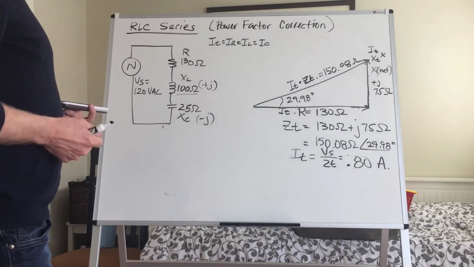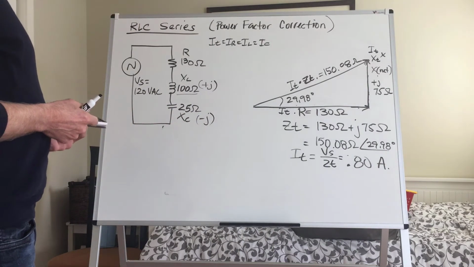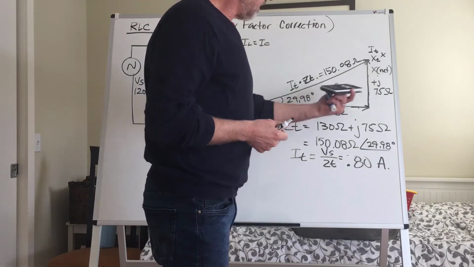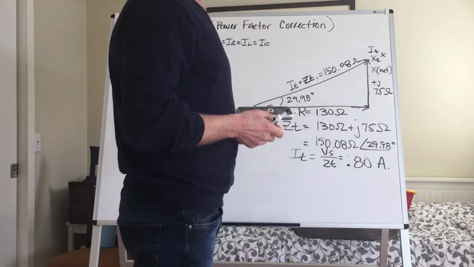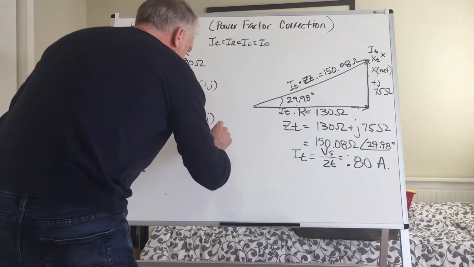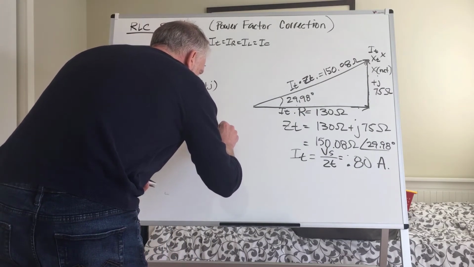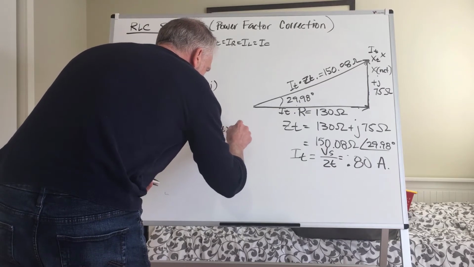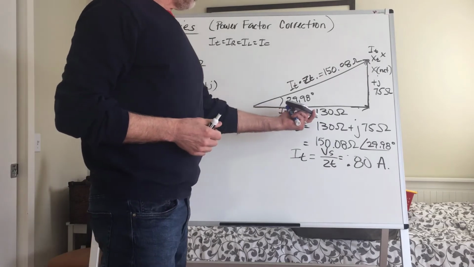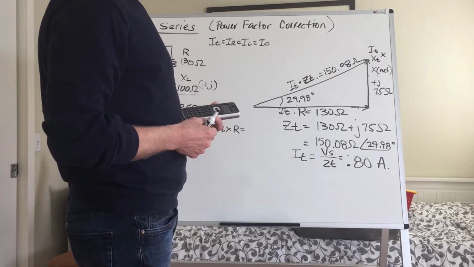Okay. So now that we have our current, we know that our current multiplied by each one of these values is going to give us our voltage triangle, right? So if we want to say that we take our I total times R value, that's going to give us our resistive voltage.